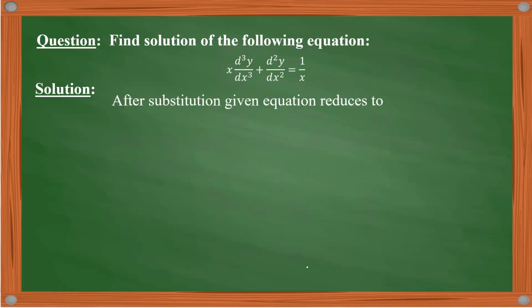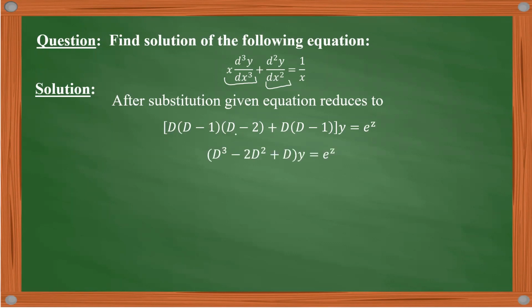So just make all this substitution in our given equation. So the required equation will be d into d minus 1 into d minus 2 in place of this. In place of the second term, we will have d into d minus 1, y is equal to e raised to z. Now just simplify this equation.